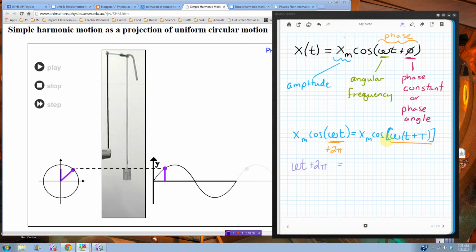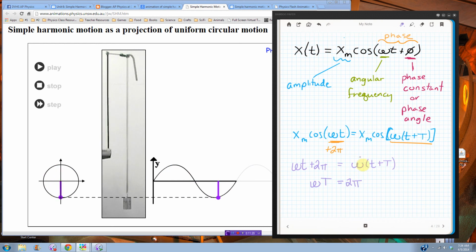Since these are the same, I have to get the same cosine function as omega t, omega times t plus period. If I do some simplification of this equation, I end up with omega times period equals 2 pi.